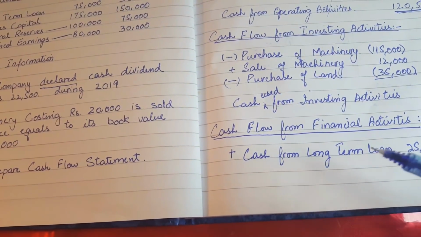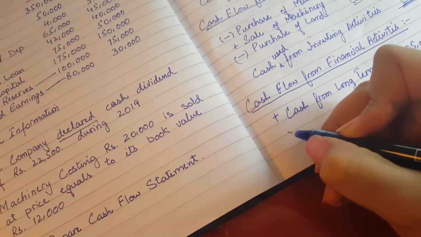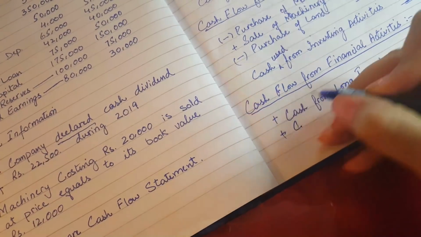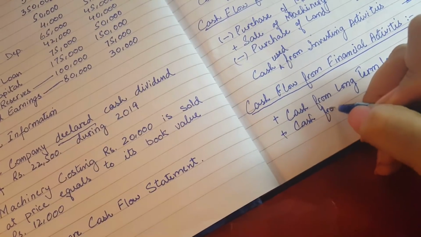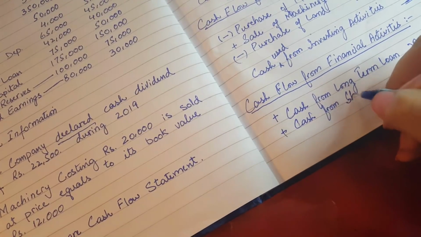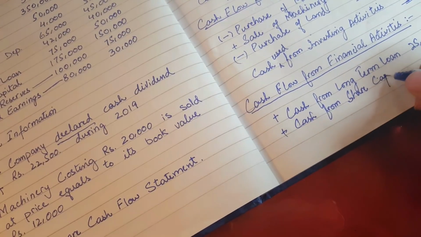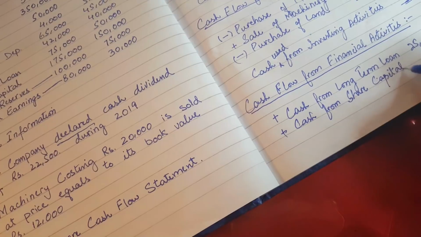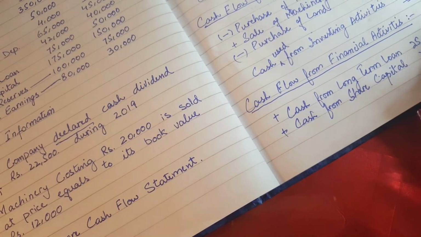So write it as cash from share capital. It is also 25,000 increase.